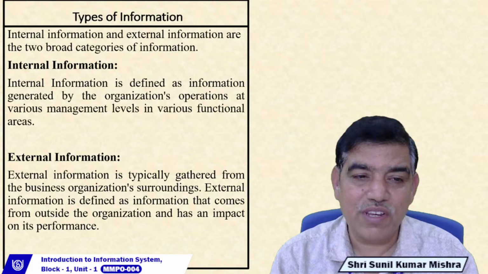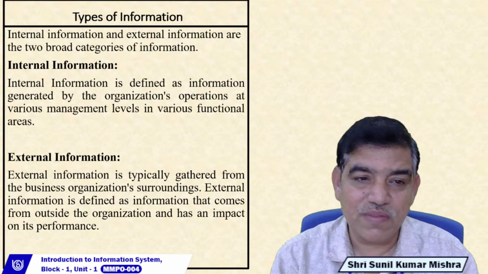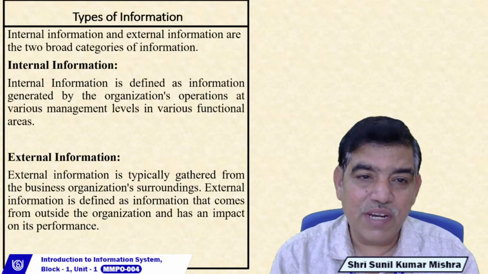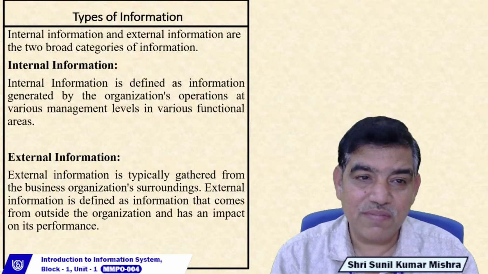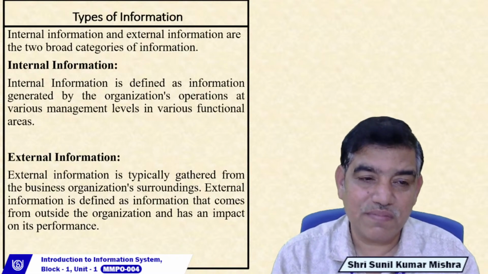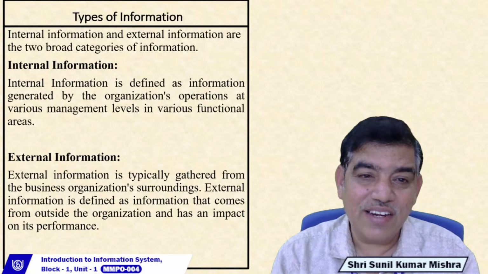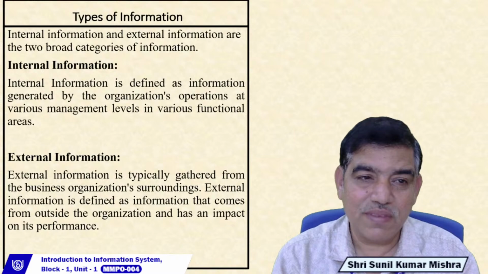Low-level employees are the ground-level people and the supervisor-level people, the middle level are the managers, and the top-level people are the CEO, board members, directors, and chairmen. Hence, they need different types of information. Therefore, information is divided into two types: internal information and external information.